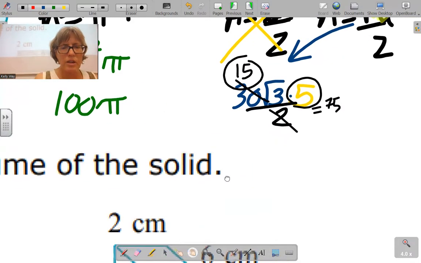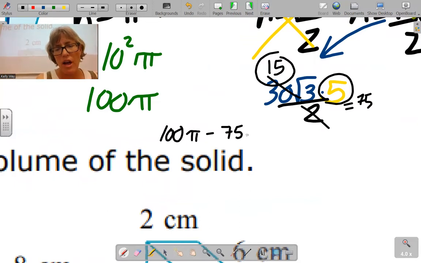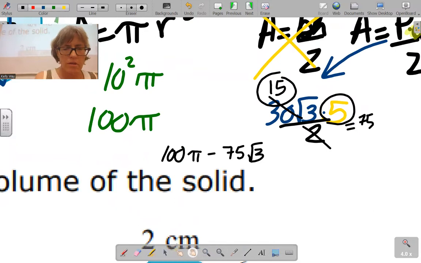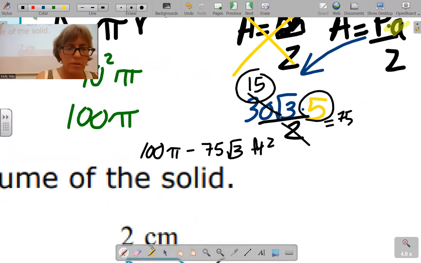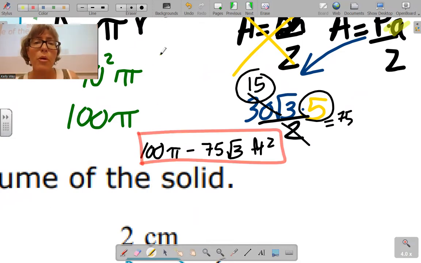So your final answer in exact form is going to be 100 pi minus 75 root 3. Let's check for units. Feet squared. That is the exact form.